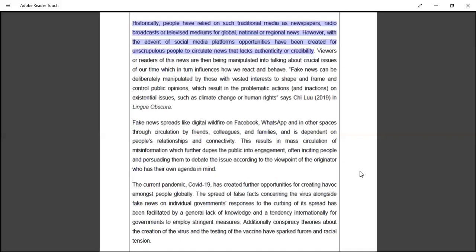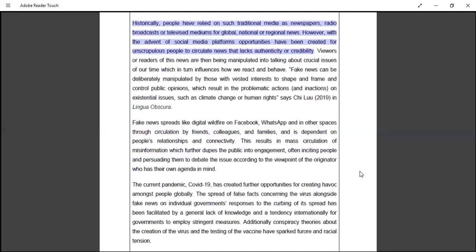Now, what is brought to our attention is the fact that the introduction of social media has given rise to fake news, while this was not happening in the traditional or olden ways of publishing news or information, which was newspapers, radios, and television broadcasts. Now, that tells you that the problem began with the introduction of social media.